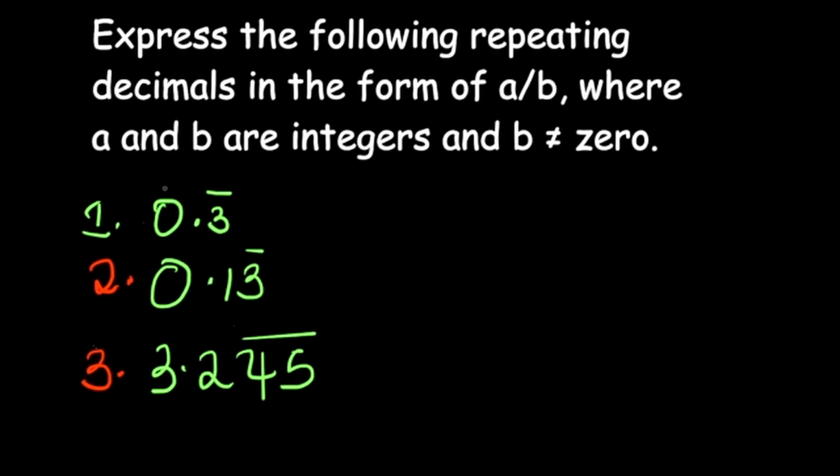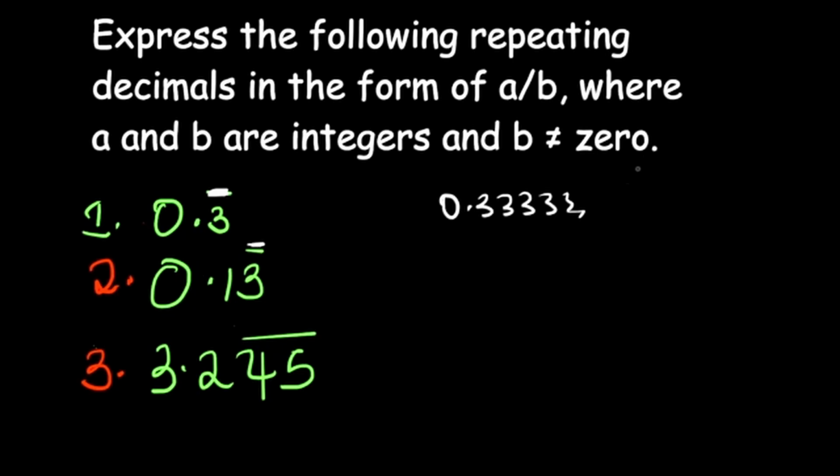If you look at this number here, this is 0.3 bar. There is a bar on top of the 3. What does it mean? It means that the 3 is repeating forever. On your calculator, this might look like 0.3333333. The 3 keeps on repeating forever. For the second one here, the bar is on top of the 3.